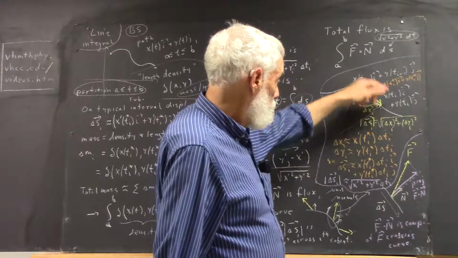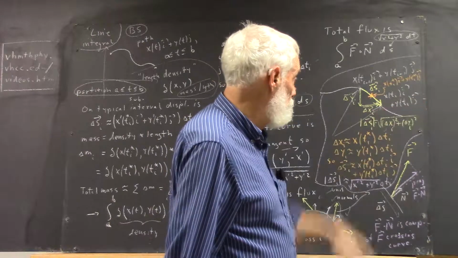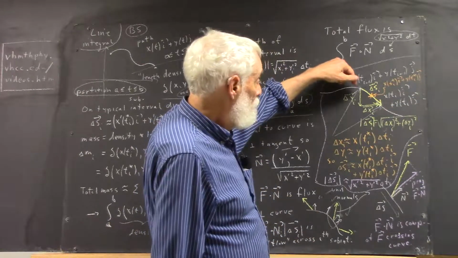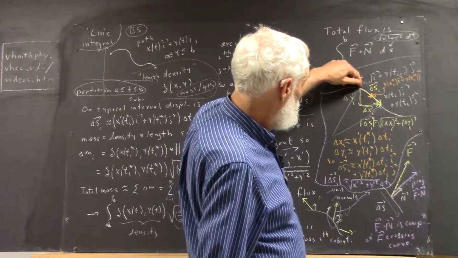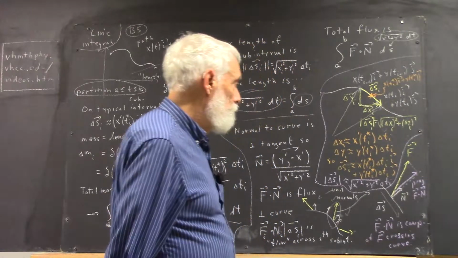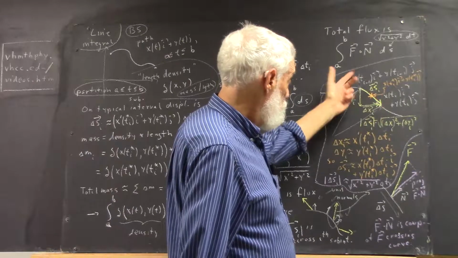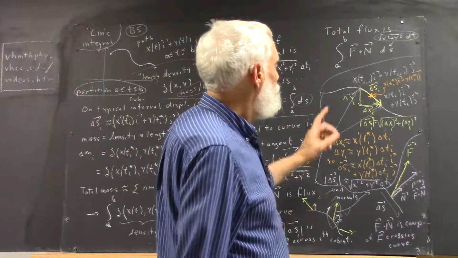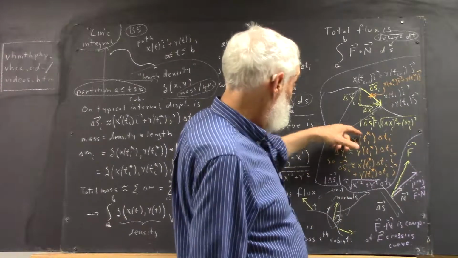And from the origin to this point, that's x of t sub i times i plus y of t sub i times j. And of course you have a delta y sub i and a delta x sub i corresponding to the vector delta s sub i from here to here. It's easy to see what delta y sub i and delta x sub i would be in terms of these two expressions.